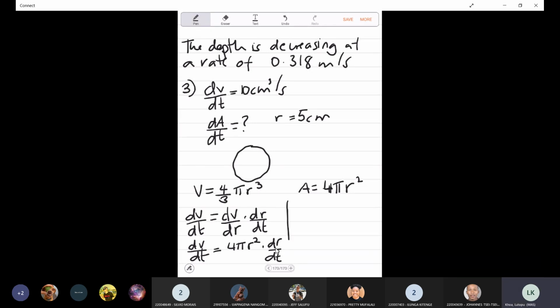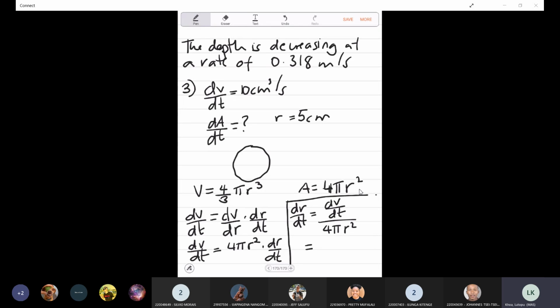Let me just do it over here so we can see everything. So dr/dt is dV/dt over 4 pi r squared. I can just substitute because I have the values.